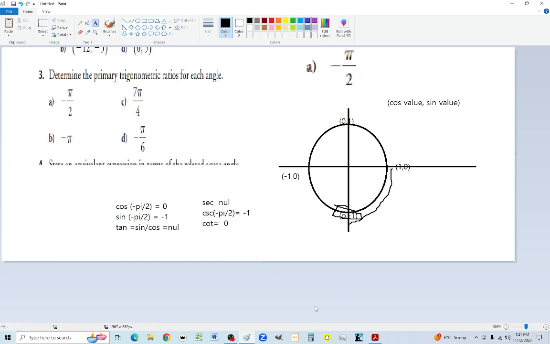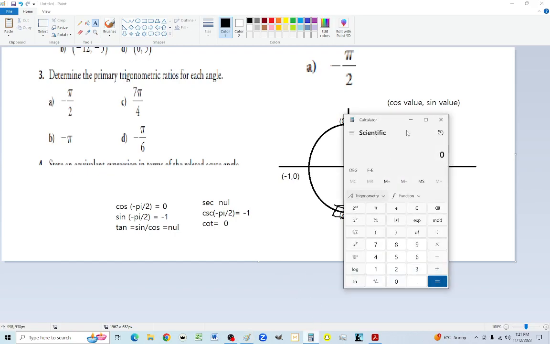Now to confirm it, try to keep in mind that negative pi over 2 is the same as 270, and I'll just keep it in degrees for simplicity's sake, but you could switch to radians if you wanted. And we can just quickly check all our values. Sine is minus 1. I'm just going to put 270 in memory.